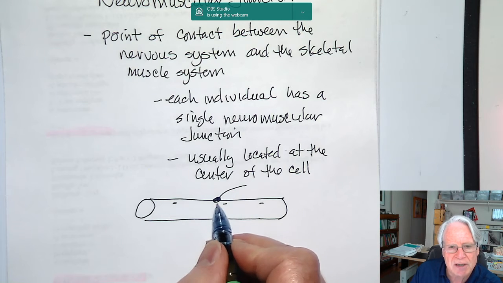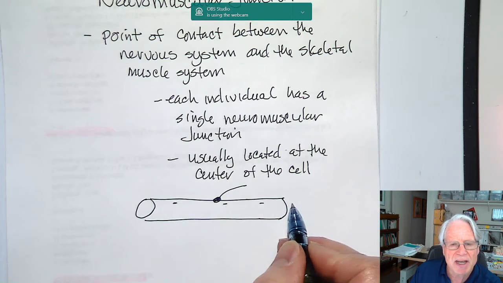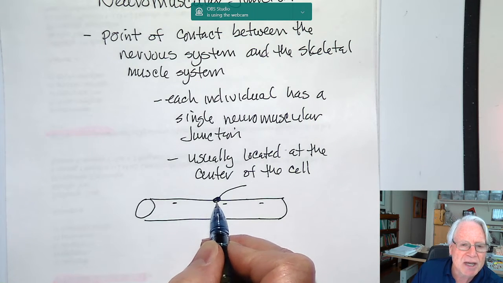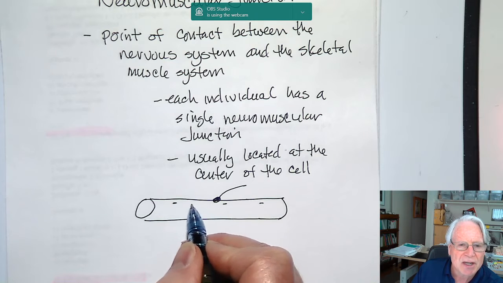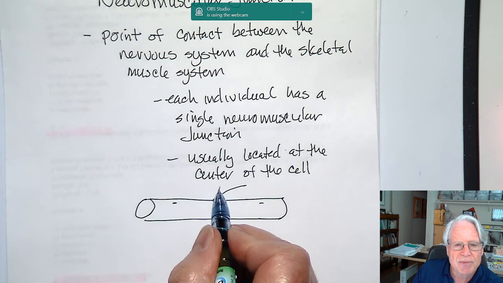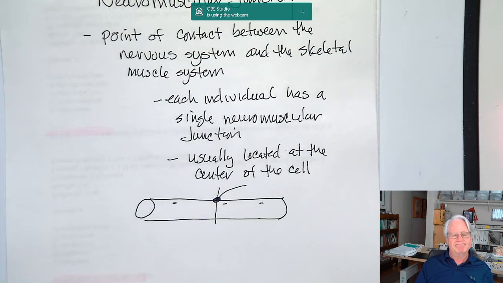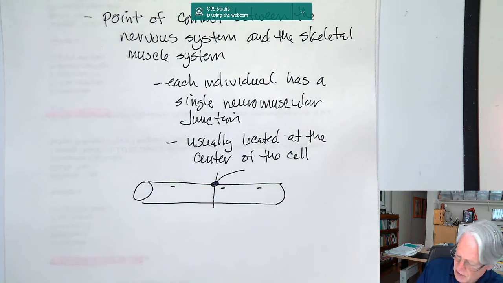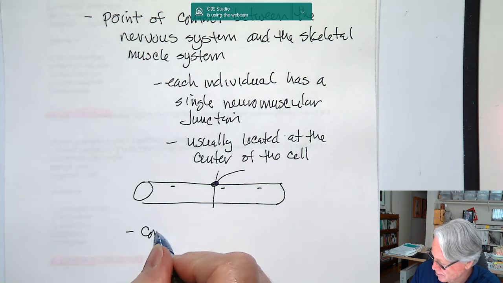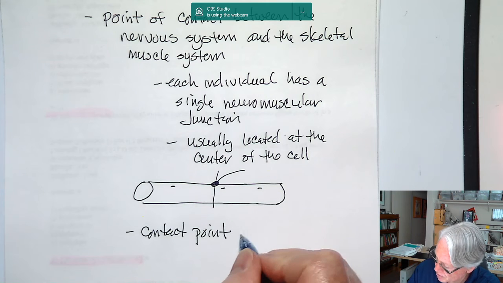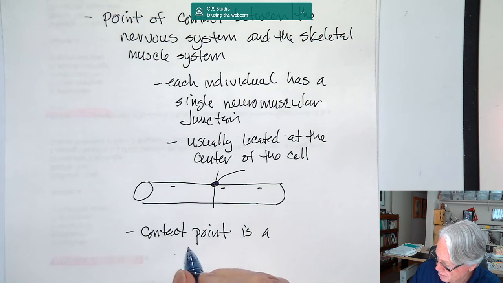So we're centering the contact point in the center of that long cylindrical cell so that a signal that arises here is traveling to the ends of the cell, and those ends are equal distance from that point of contact. Okay? So, point of contact between the nervous system and the skeletal muscle system. That contact point is referred to as a synapse.